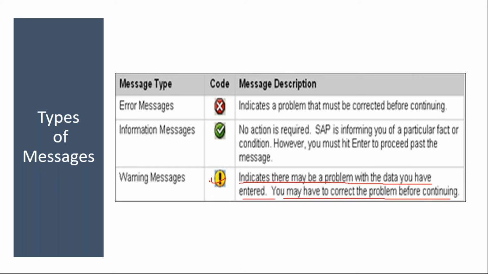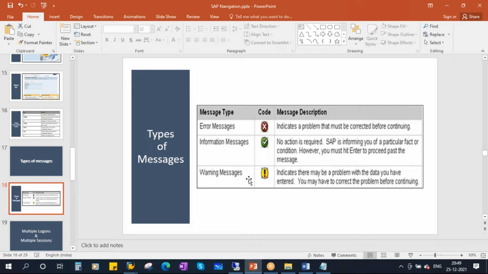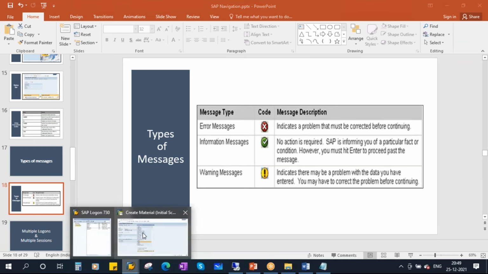If you rectify the problem, it's okay, but even if you don't rectify it, the system will still allow you to continue further. So that is a warning message. Let me show you a warning.